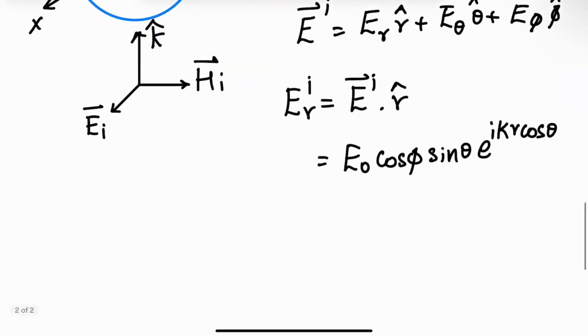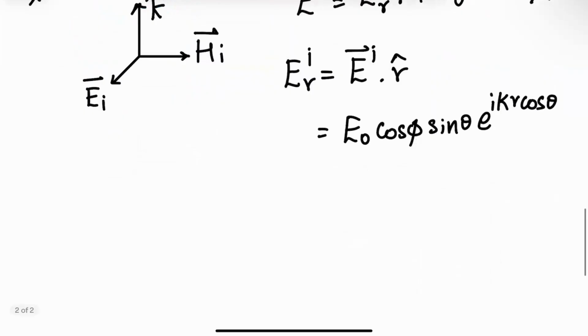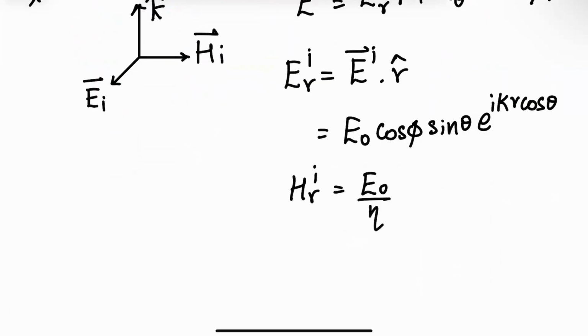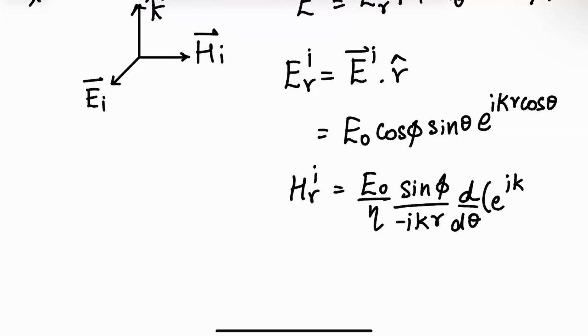You can do the same thing for H, which would be the H_r component: E naught over eta sine phi over minus ikr, d over d theta of e to the ikr cosine theta.